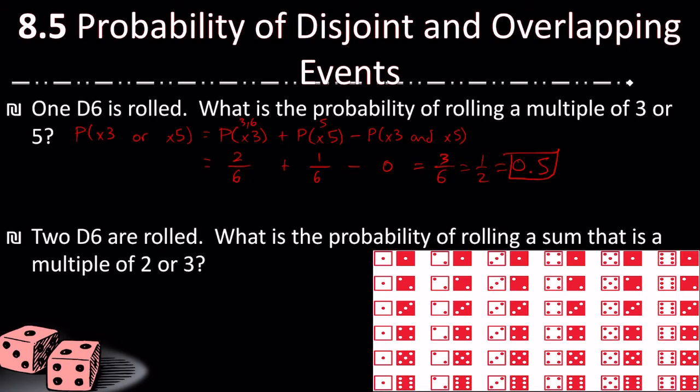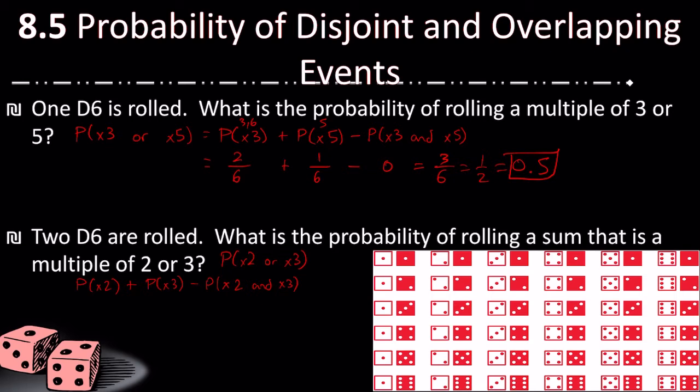So we want the probability that we have a multiple of 2 or a multiple of 3, which would be the probability of a multiple of 2 plus the probability of a multiple of 3 minus the probability of a multiple of 2 and a multiple of 3 at the same time.